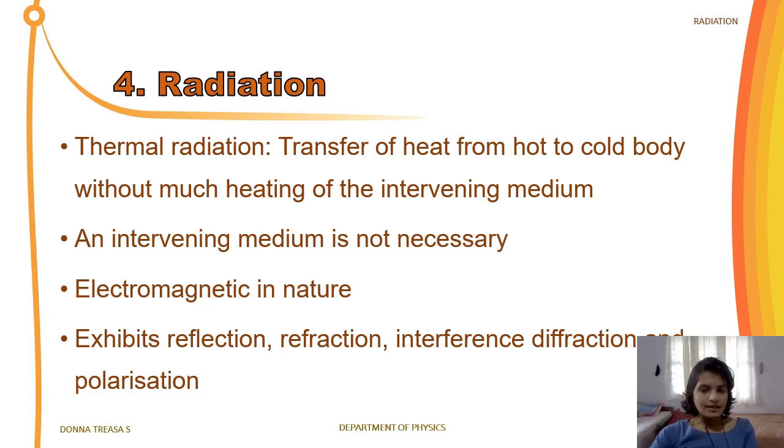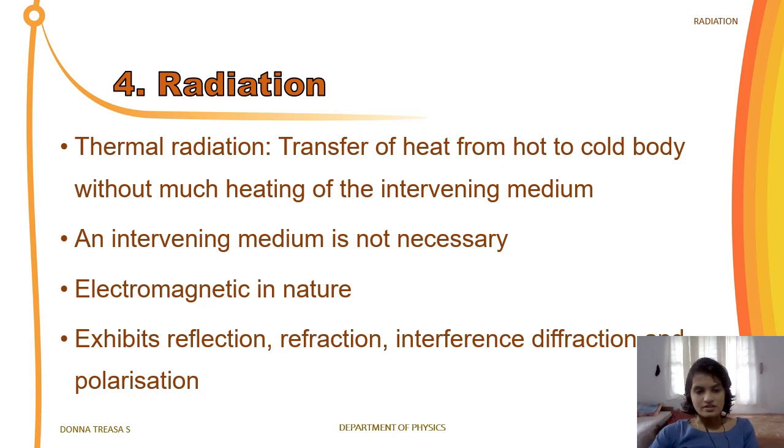So we understand that the region around the fire is actually filled by cooler air. But even if that is the case, students who are seated a few meters away from the fire also feel the warmth of the fire. This observation is actually attributed to radiation. Hope you understand the first point.